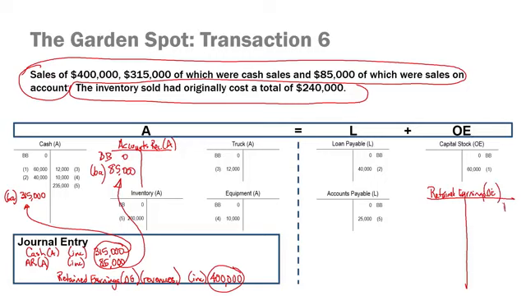It has a beginning balance of 0. And I'm going to post the revenues to the right side of that T account. Again, I'm making a notation that it's associated with transaction 6A.